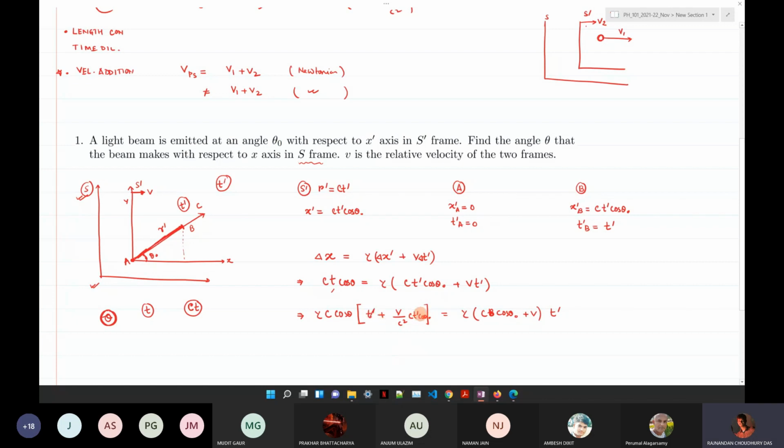So this t prime we can cancel, and this gamma we can cancel. Finally you get cos theta equal to (cos theta 0 plus v by c) divided by (1 plus v by c cos theta 0). So the angle it will make has a relation with the previous angle and velocities like this. Anyone have any confusion?